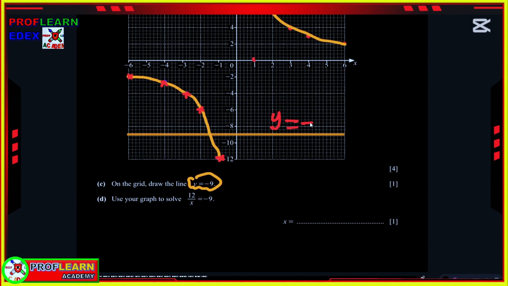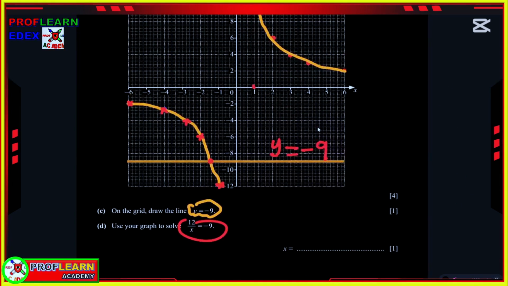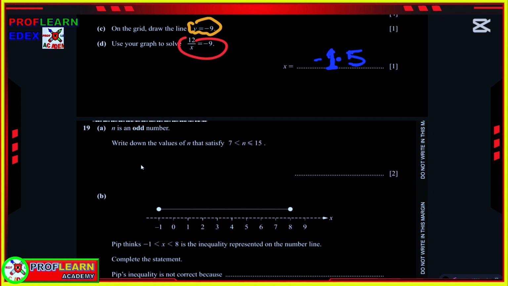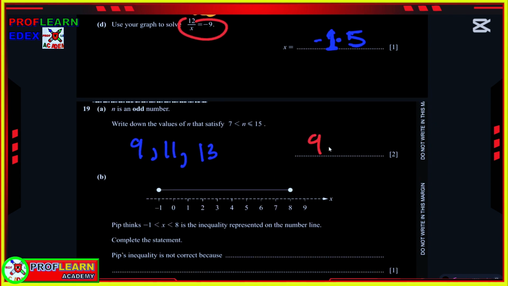Our line goes that way, and you can see where it meets the graph is that point. So if we are finding the solution using our graph, we are going to check where the line and the curve are meeting, and we read at this given point. So that's approximately -1.5.